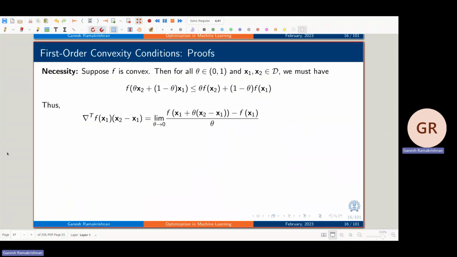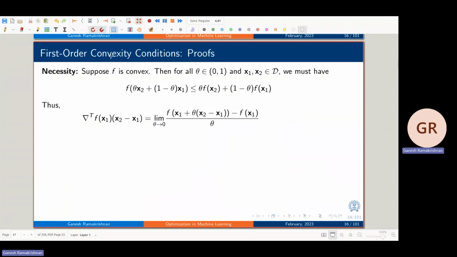So this is less than or equal to theta into f of x2 plus 1 minus theta into f of x1.